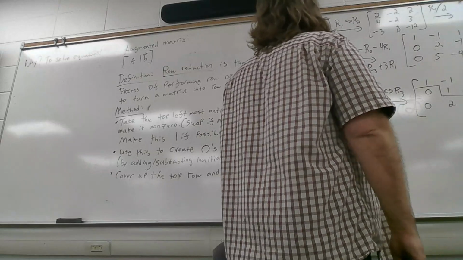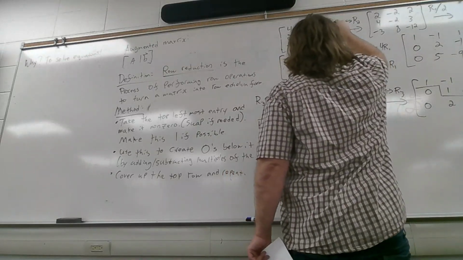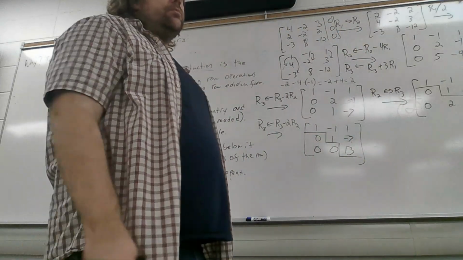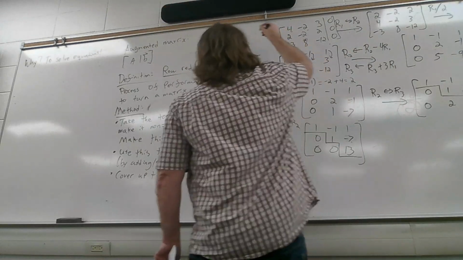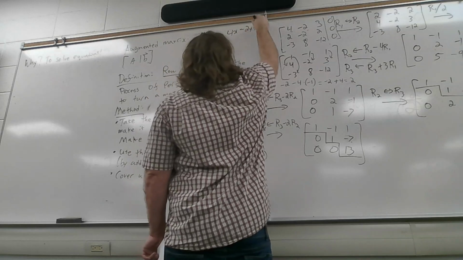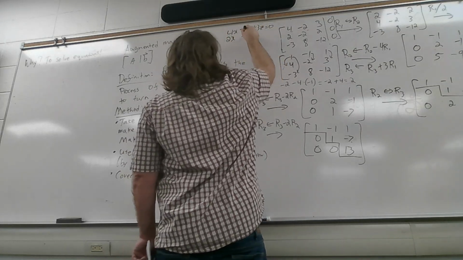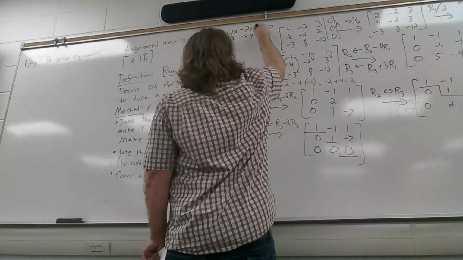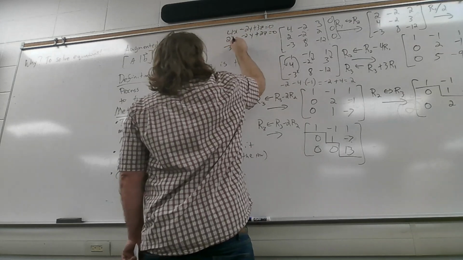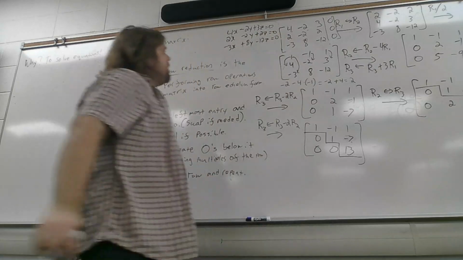So you know what? I'm going to cheat. So let's just say we had an extra column there, and this represented a system of equations, right? So this would have come from 4x minus 2y plus 3z equals 0, 2x minus 2y plus 2z equals 0, minus 3x plus 8y minus 12z equals 0, right?